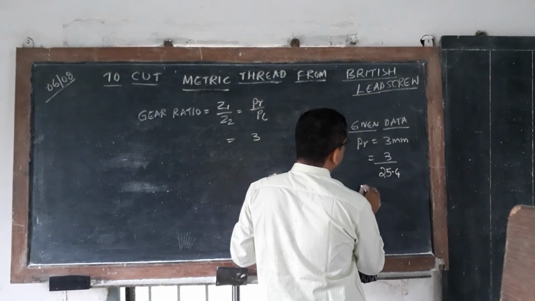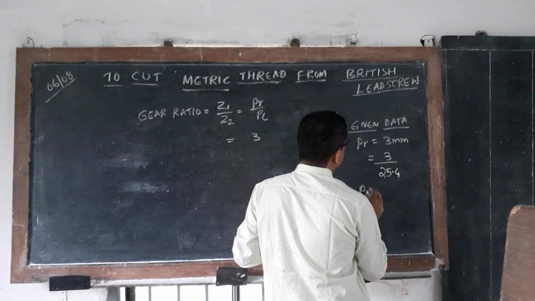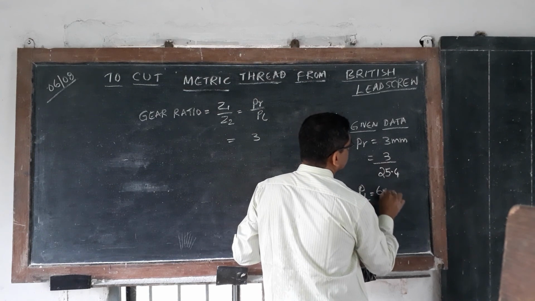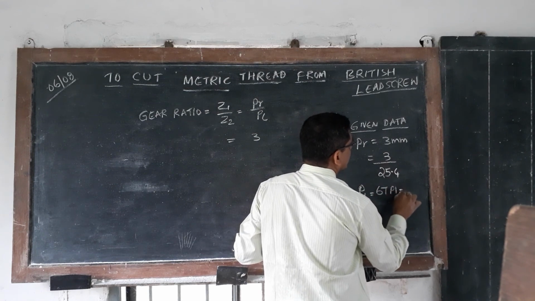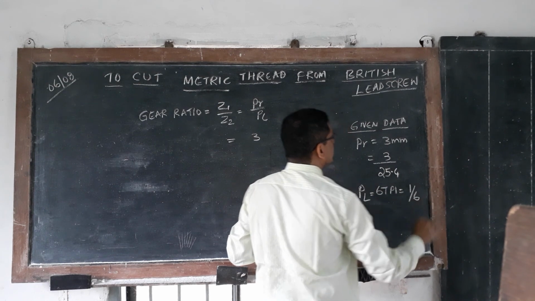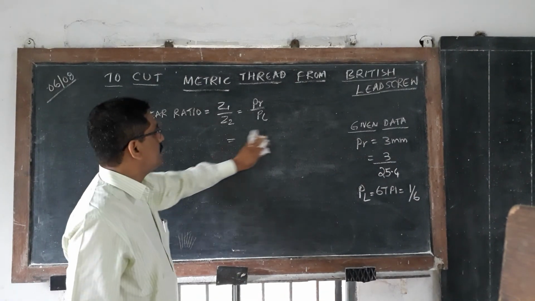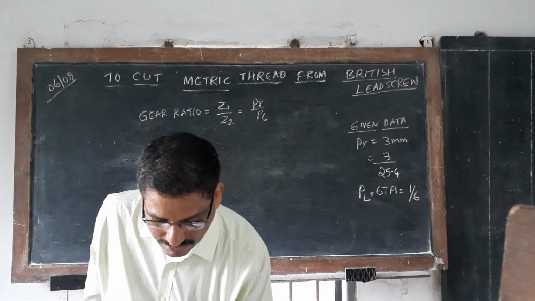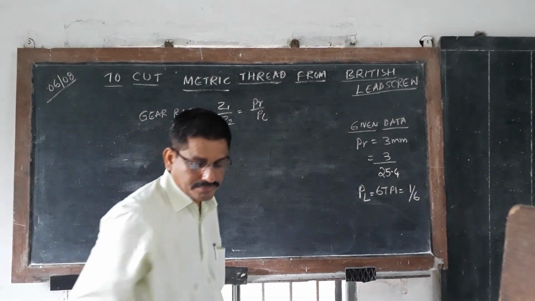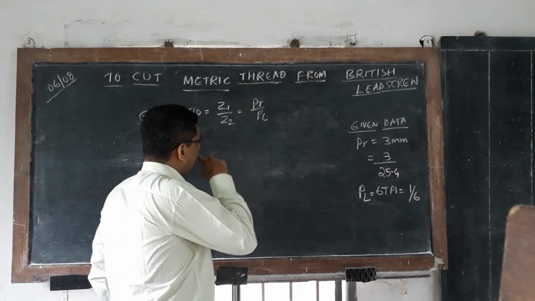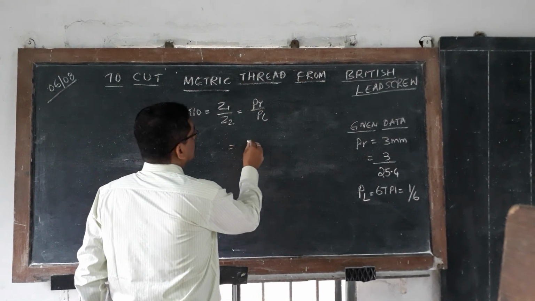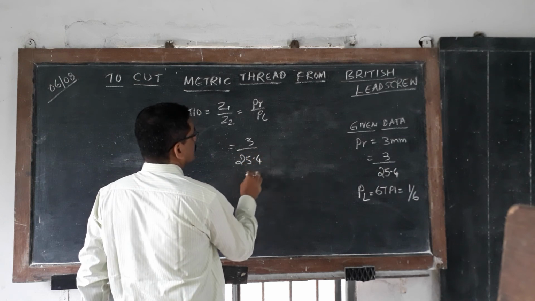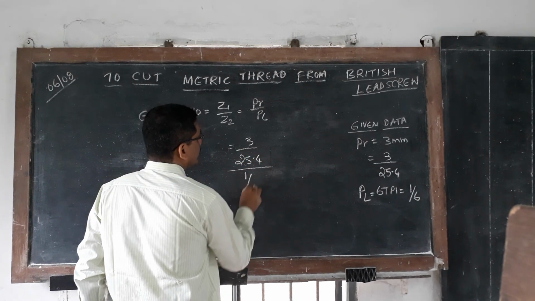Next, the pitch of the lead screw: 6 TPI is nothing but 1 by 6. So now we will do the calculation here. It is equal to 3 divided by 25.4, divided by 1 by 6.